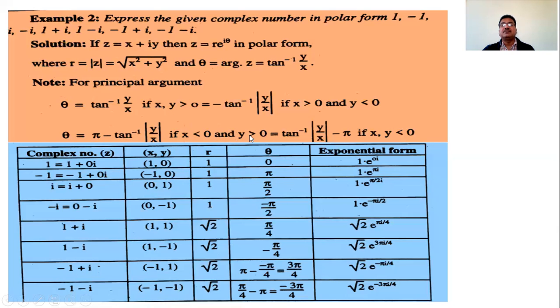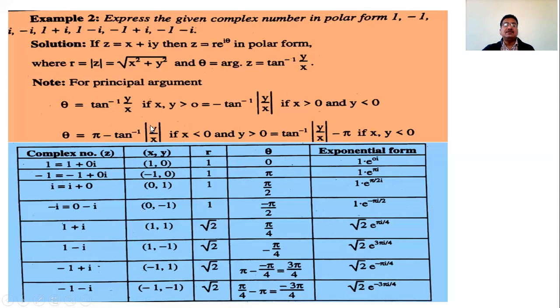So y is 0, and 0 divided by minus 1 is 0. Tan inverse 0 is 0, and pi minus 0 is pi. So the principal argument is pi.